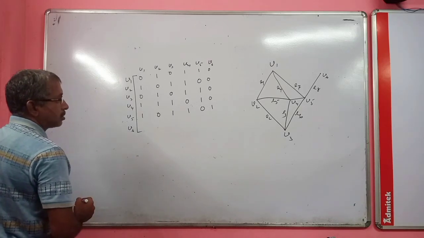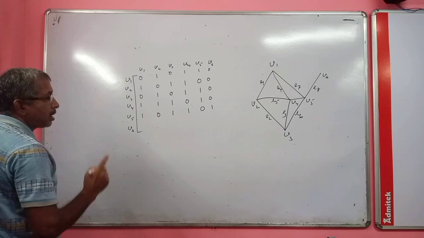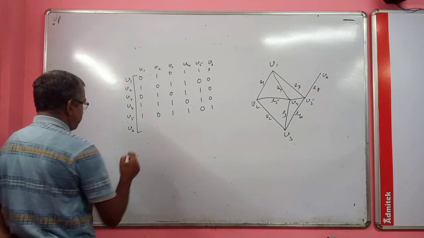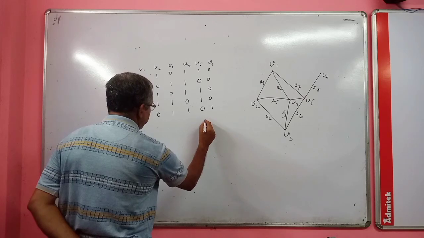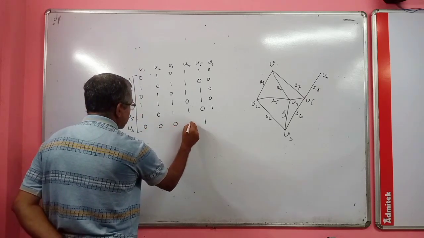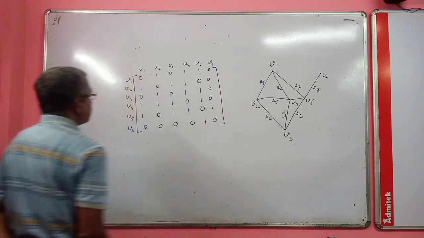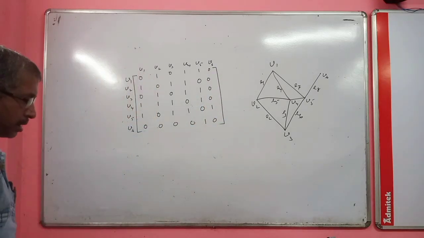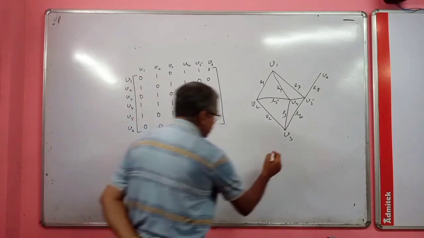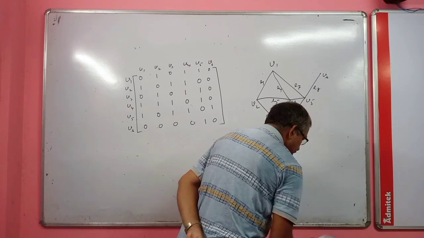Then V6: only there is an edge between V6 and V5, so all other elements are 0. So this is the adjacency matrix of this graph G.